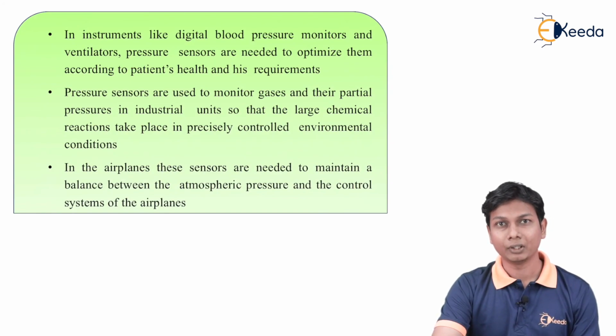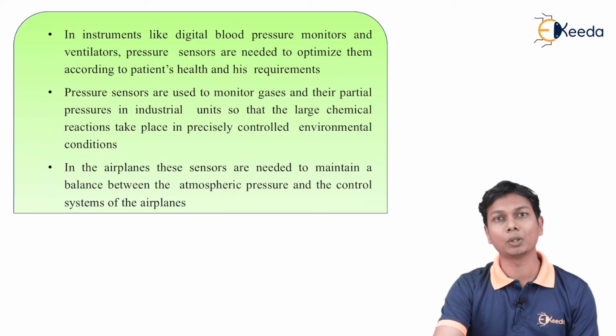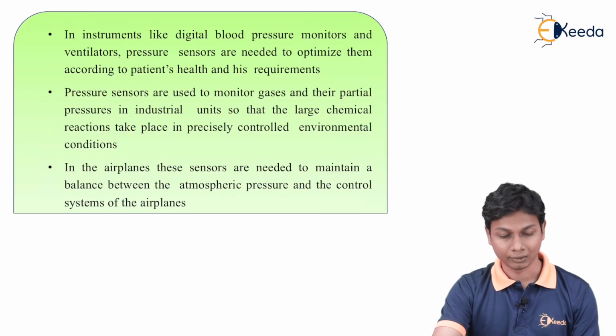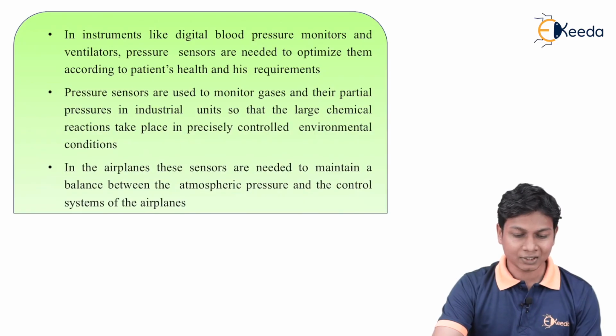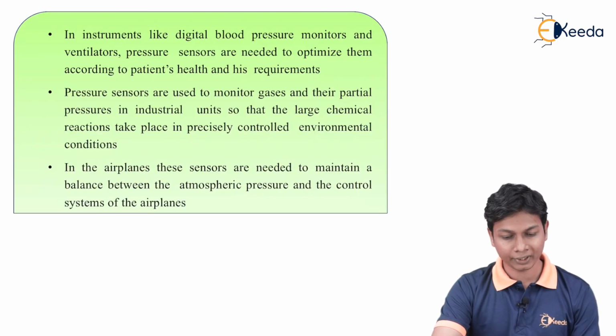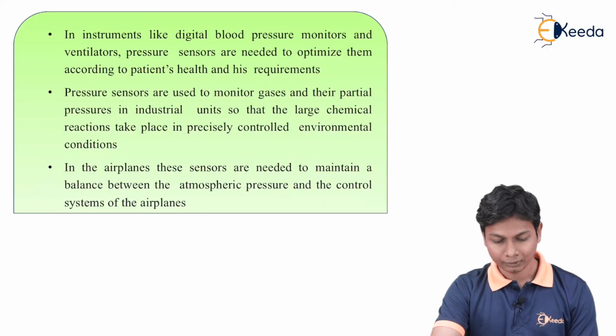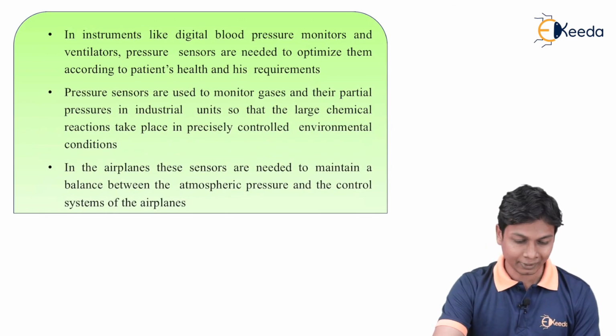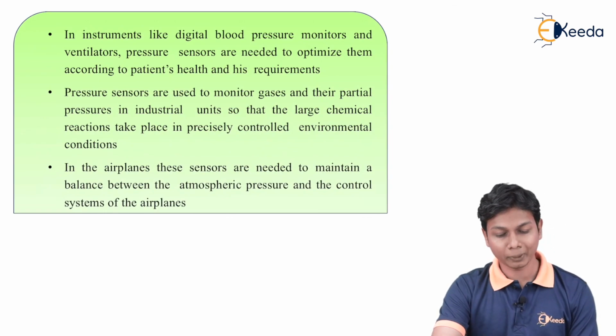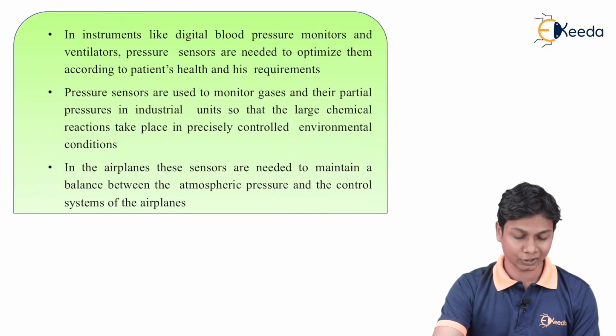So the range and the calibration of this particular pressure sensor is wide. Pressure sensors are also used for monitoring gases and their partial pressure in industrial units, so that large chemical reactions take place under precisely controlled environmental conditions. In airplanes, the sensors are needed to maintain a balance between atmospheric pressure and the controlling systems.